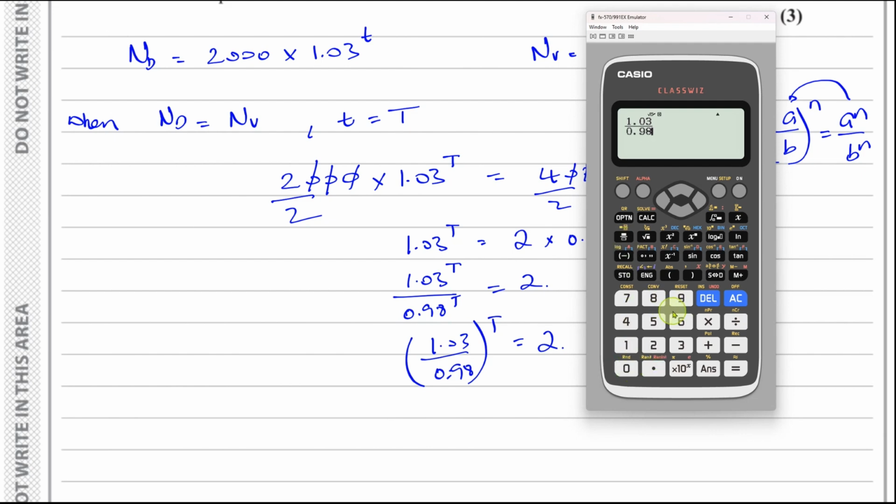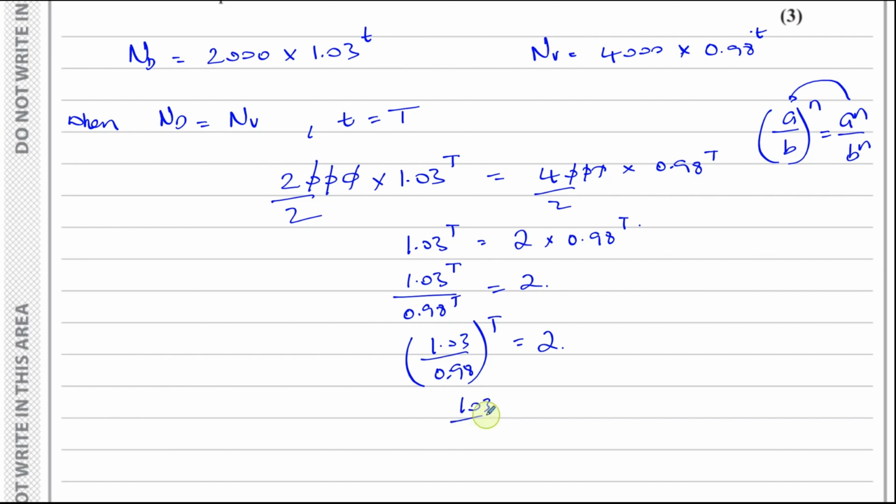Let's call it 103 over 98. So 103 over 98 all to the power of t equals 2, and I want to solve this.